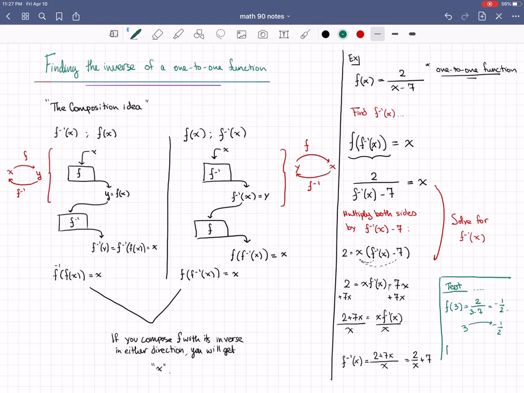Well, let's see. f inverse of negative 1/2 is 2 plus 7 times negative 1/2 over negative 1/2, which is 7 times negative 1/2, that's negative 3.5, so it's 2 minus 3.5 divided by negative 1/2.